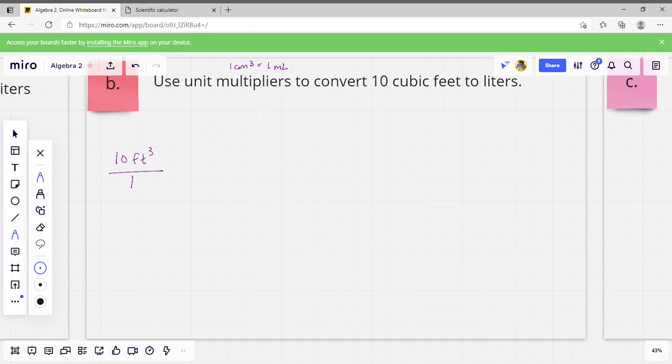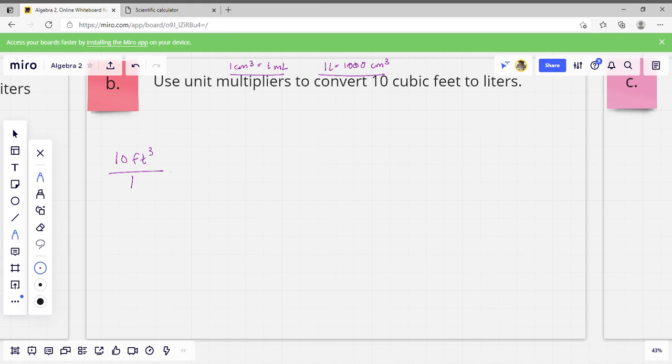Or it would be 1 liter is 1,000 cubic centimeters. Okay, so we got to get to one of these, either 1 centimeter cubed or 1,000 centimeters cubed.